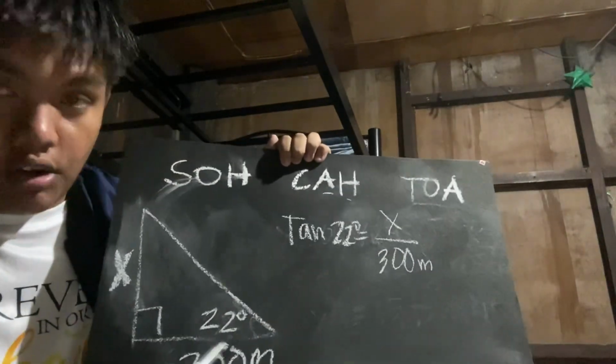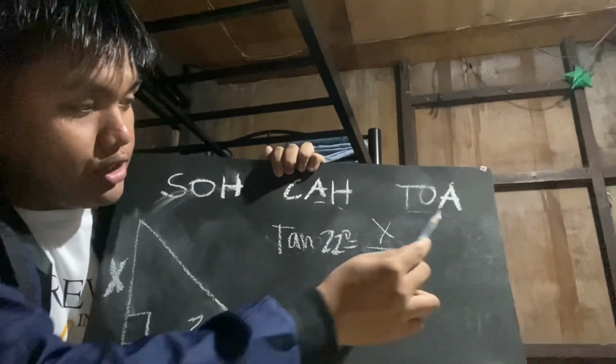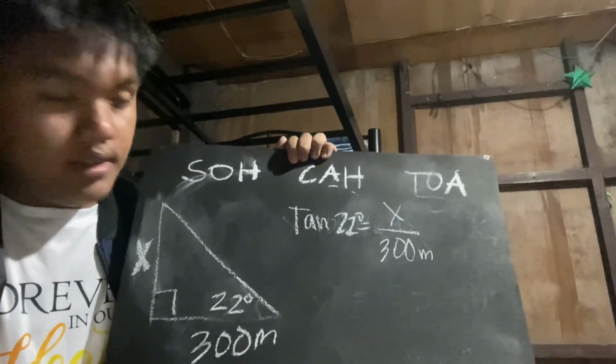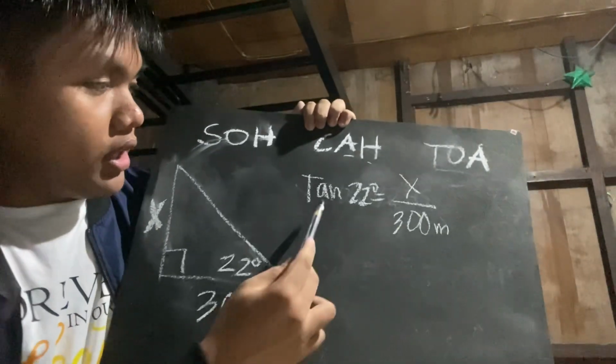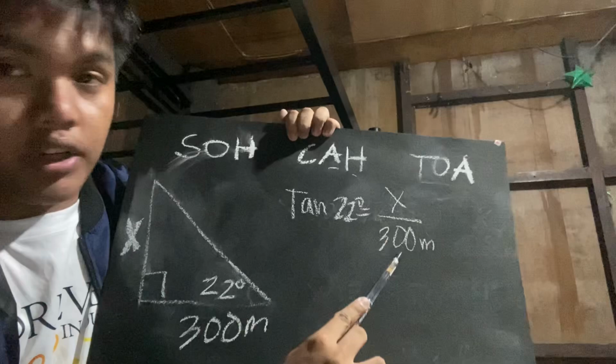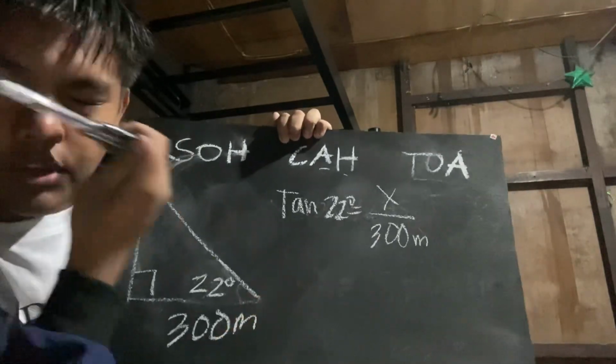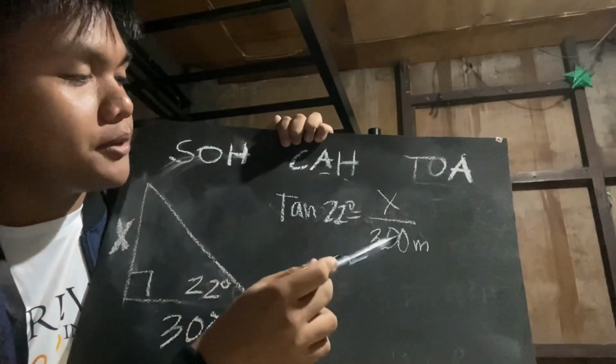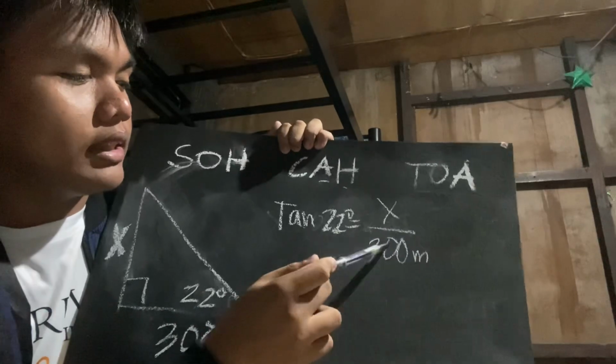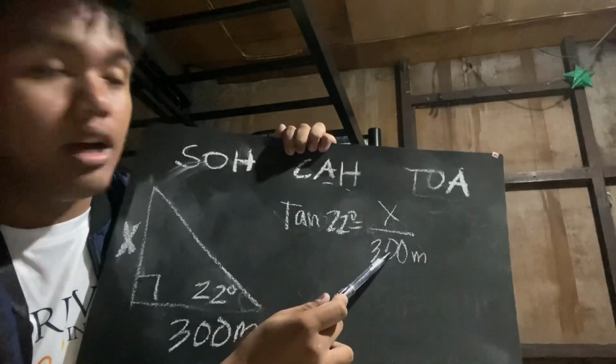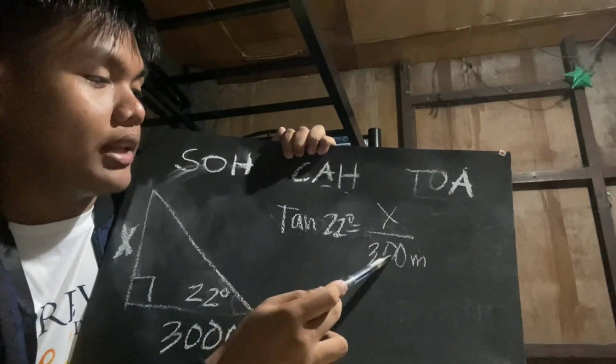The opposite of the angle is x, and the adjacent is 300 meters. So, tangent 22 equals x over 300 meters. Now, to find the value of x, we need to multiply both sides by 300 so that the 300 here will cancel out. So, x divided by 300 times 300, cancel, times 300.